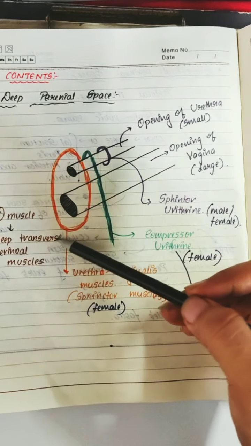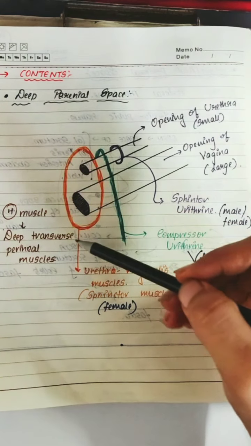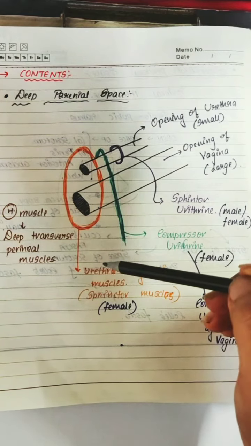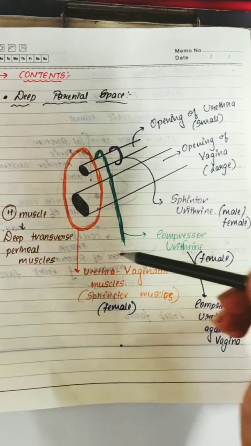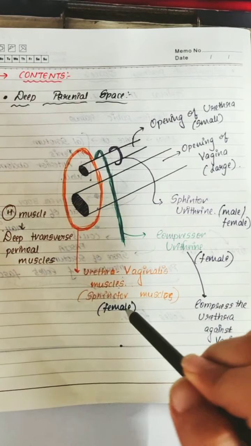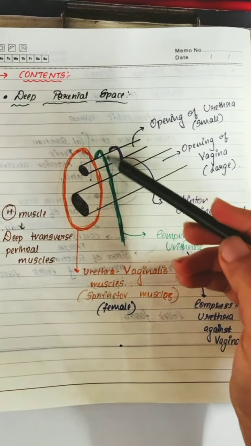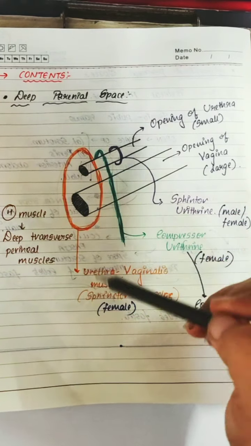So next you can see another sphincter, the orange color sphincter, which is also seen only in female, called the urethrovaginalis muscle or sphincter urethrovaginalis muscle.